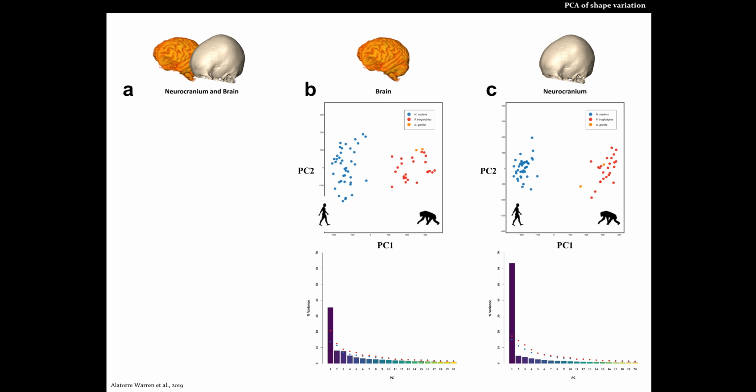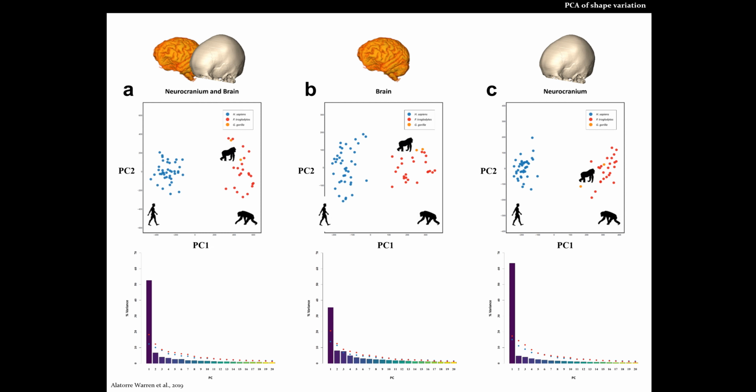Naturally, PC1 already separated the two species, and when gorillas were projected onto these spaces, they lay in both cases in the chimpanzee cloud. We then ran a third analysis, this time using both structures together, and we found the same results. What we didn't find was an emergent pattern, let's say in PC2 or PC3, accounting for cooperation between brain and neurocranial features.